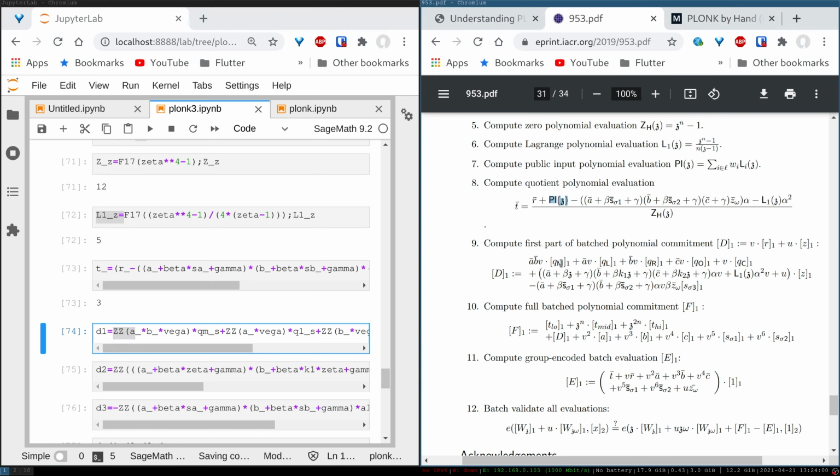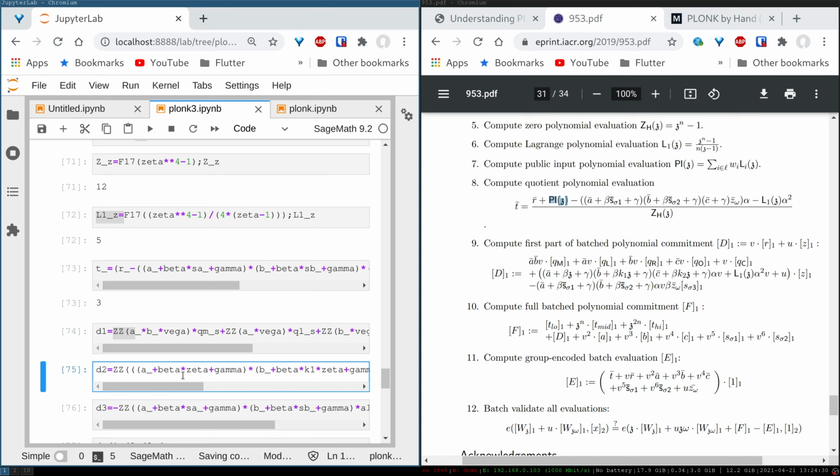So that's the first term, evaluated at S. Plus A bar times vega times QL, plus B bar times vega times QR, plus C bar times vega times QO, plus vega times QC. Right, so this is the first line.